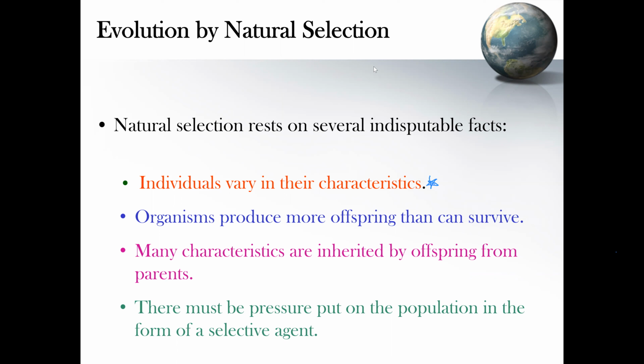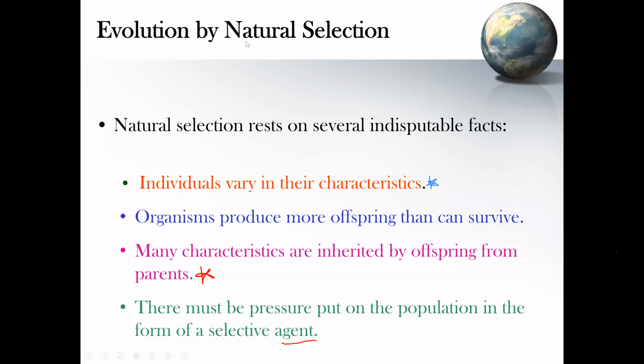Now, another characteristic I hadn't mentioned yet is that whatever trait you're looking at, coat color, whatever, it has to be heritable. It has to be passed from parent to offspring. And then finally, there has to be a selective agent.